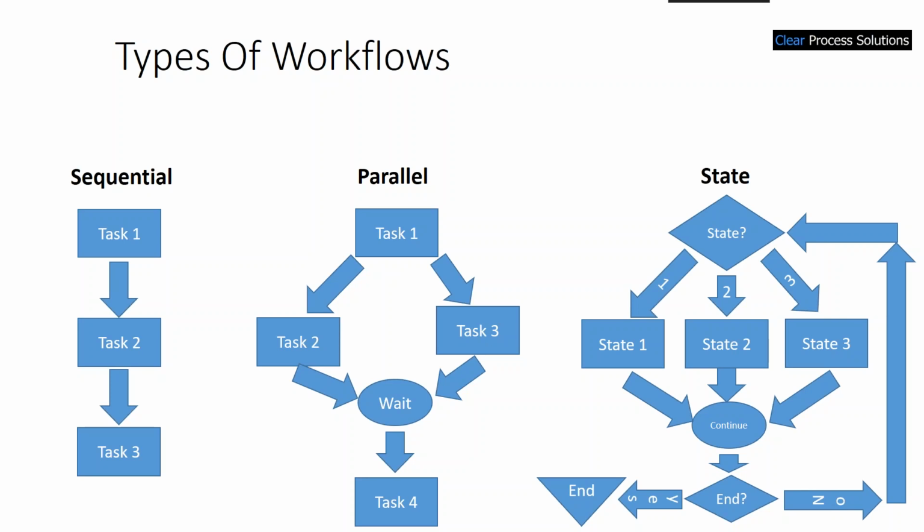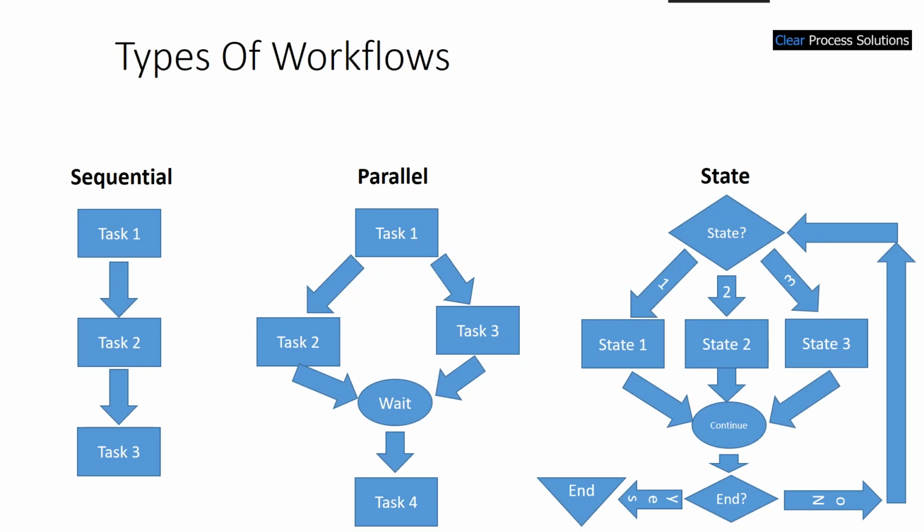Moving over to our state-based, really what we do with our state-based is we raise it up a level out of sequential and parallel, and we think about our process as given states. So we could have a make state, we can have a purchase state, we can have a costing state, we can have a state that just says this is the complete state. When we determine that everything is done, then go ahead and send it to the complete state.